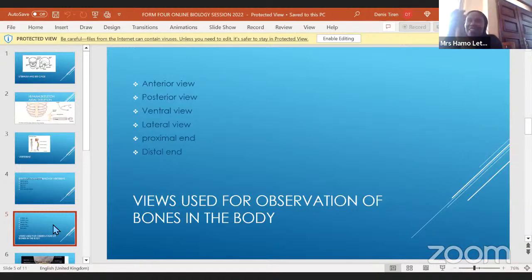From below, that is referred to as the inferior view. From the side, it is referred to as the lateral view. And then for the long bones, particularly the appendicular skeleton, that is the fore limbs and the hind limbs, we shall be referring to them as proximal, that is in terms of the closeness to the central line of the body.